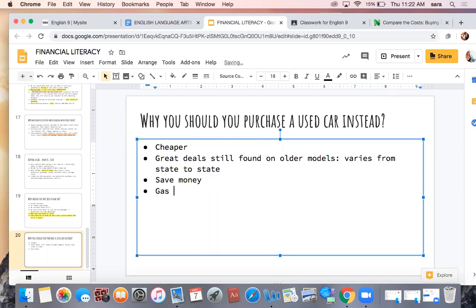What else? Tires, you need to rotate them, get checkups, it doesn't have to be monthly. And coolant. Okay, thank you.